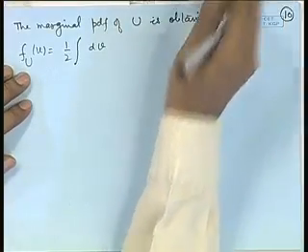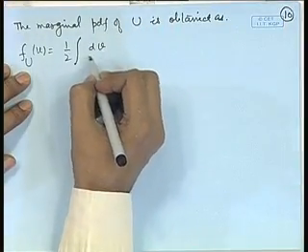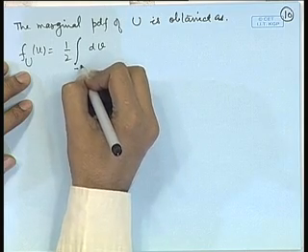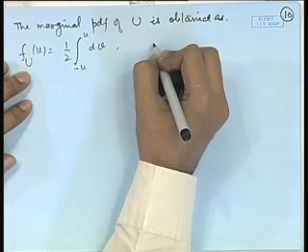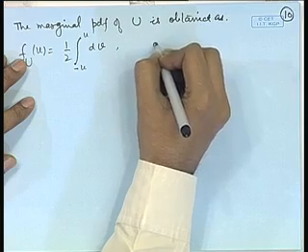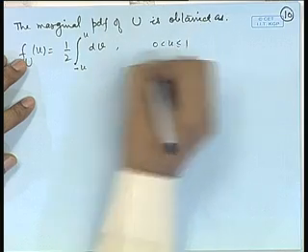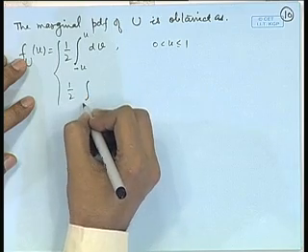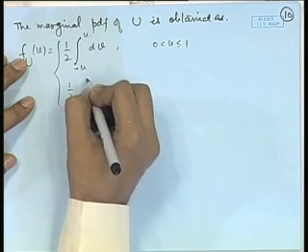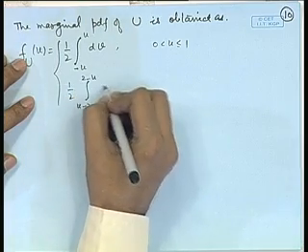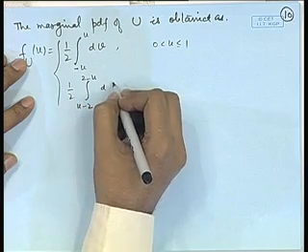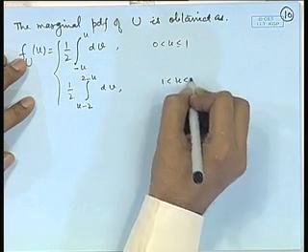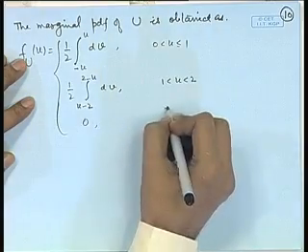So, if we determine the region, it is from minus u to u if u is between 0 to 1, it will be half integral dv; from u minus 2 to 2 minus u, dv if u is between 1 and 2, and 0 elsewhere.